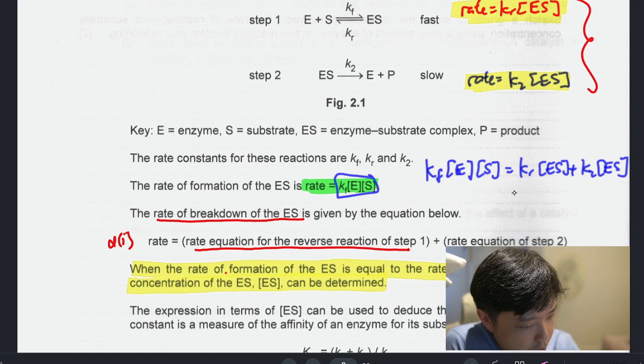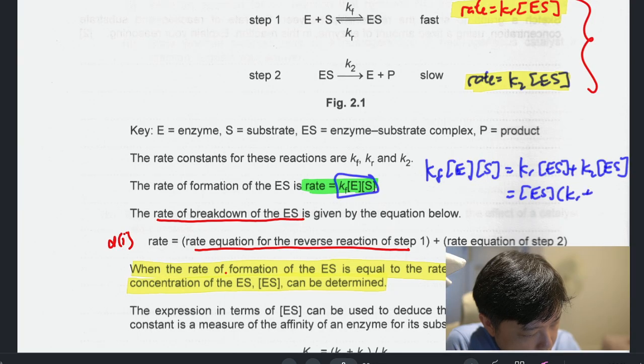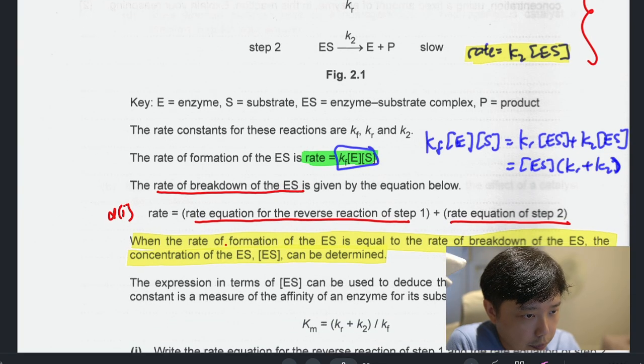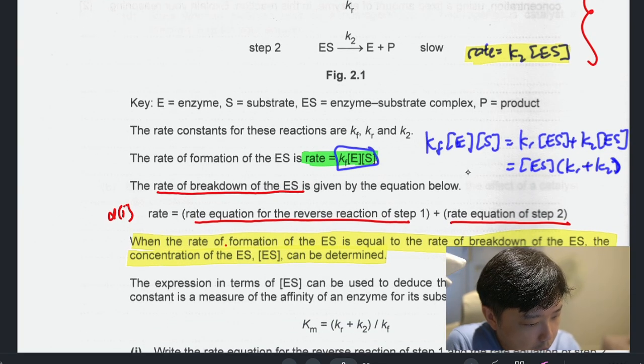Pull out the ES, which gives you KR plus K2 times ES, equals KF E S. We'll bring this term over to the left hand side.